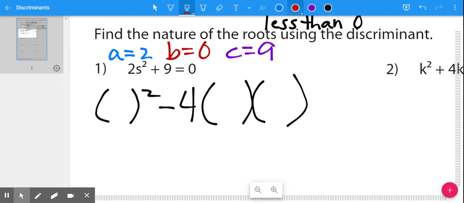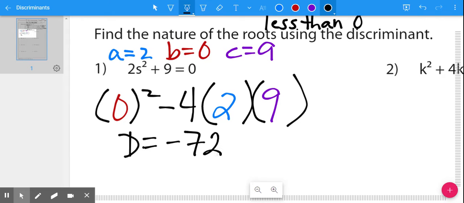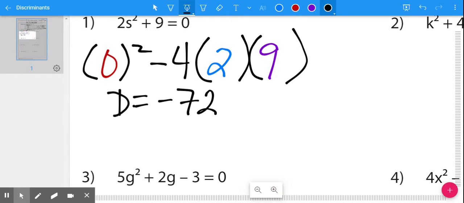So when we plug this in, we have b squared minus 4 times a times c. When you plug this straight into the calculator, you end up with your discriminant equaling negative 72. Because that's negative, which means it's less than 0, we know it has no real solutions.